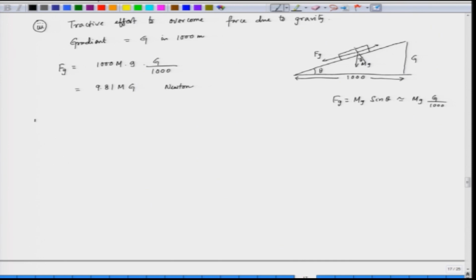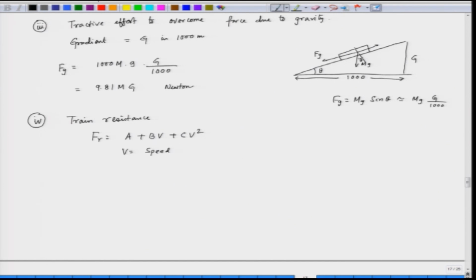And then we have the fourth part, which is the train resistance. The train resistance is basically expressed as a function of speed, something like this, where v is the speed here. So, it is very difficult to estimate the train resistance.